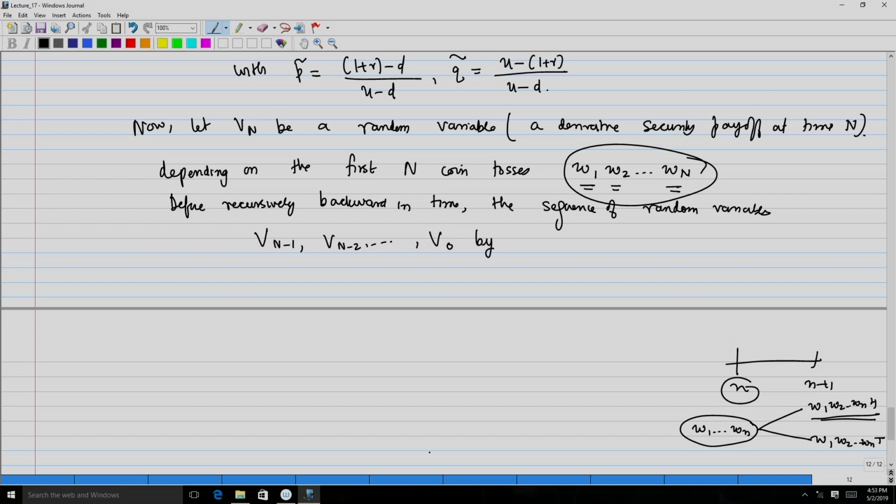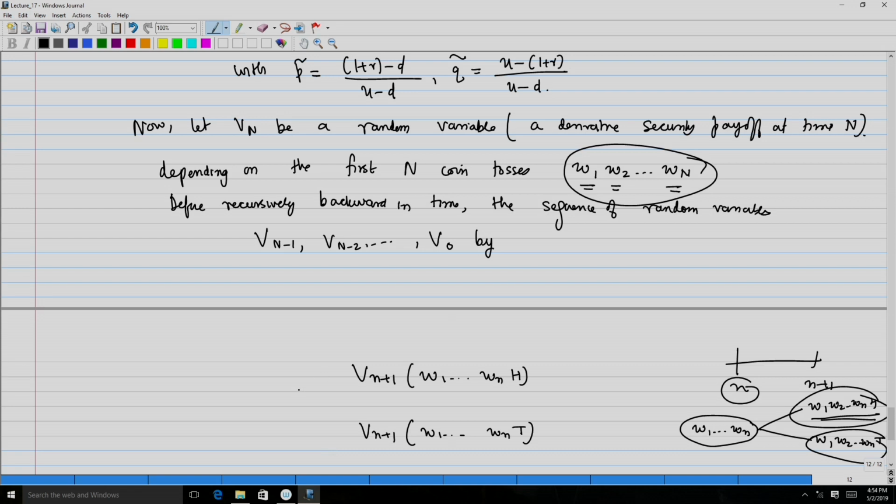So, I will look at the value at n plus 1 for omega 1 all the way to omega n h. This is one value here, and V n plus 1 in the other case is going to be V n plus 1 of omega 1 to omega n t.